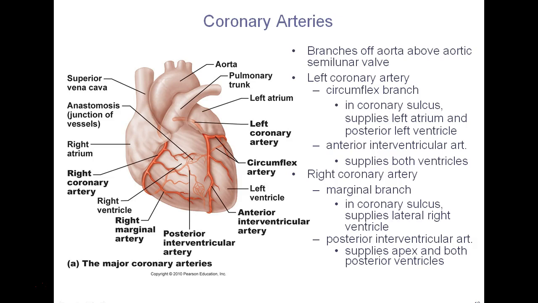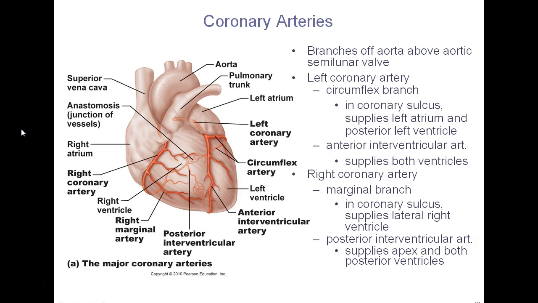These are going to be our right and left coronary arteries. And we see that these arteries travel in the coronary sulcus. The right coronary artery typically branches into the right marginal artery to supply the right border of the heart with oxygen. And then there's a posterior interventricular artery to supply the posterior surface of both the right and left ventricles.